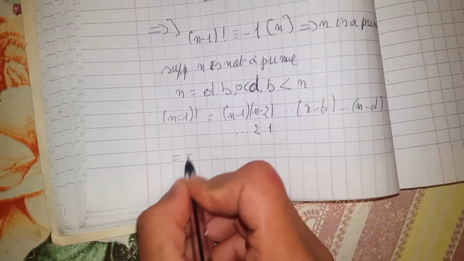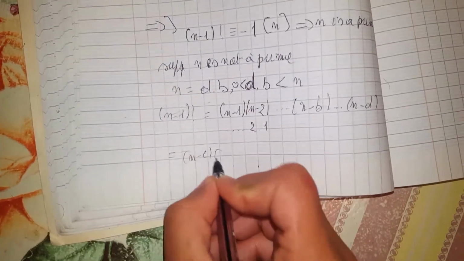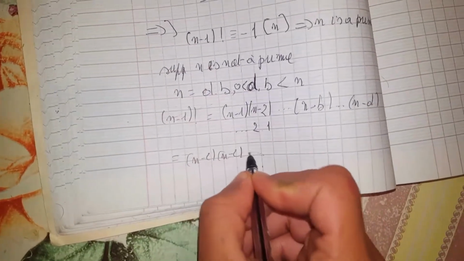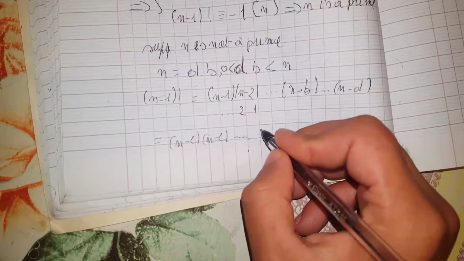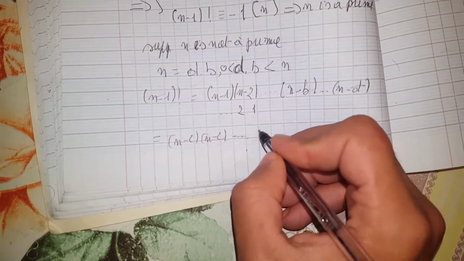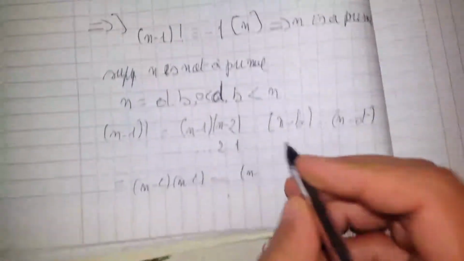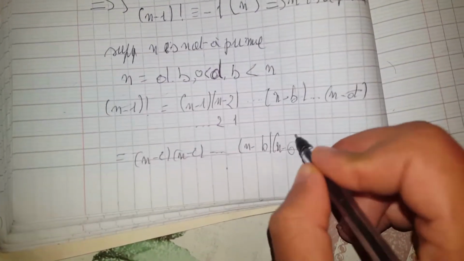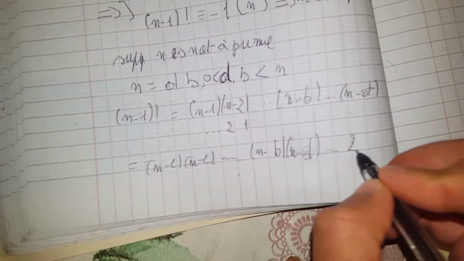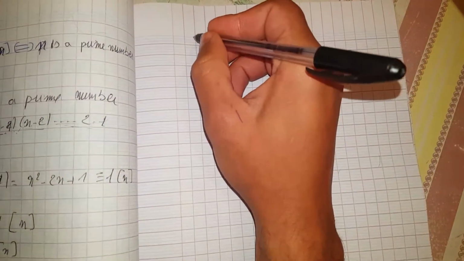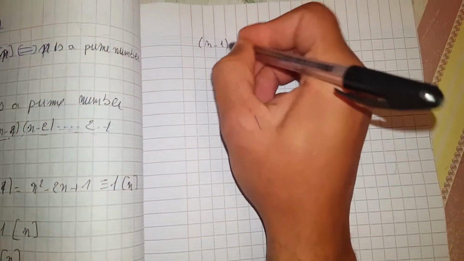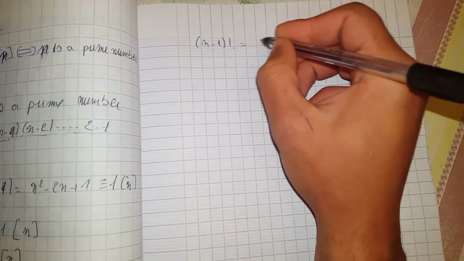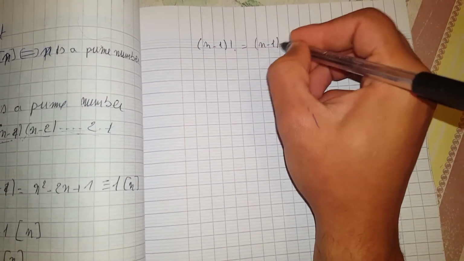So this will equal n minus 1, n minus 2, I will bring those two together, n minus b, n minus d, down to 2 multiplied by 1.